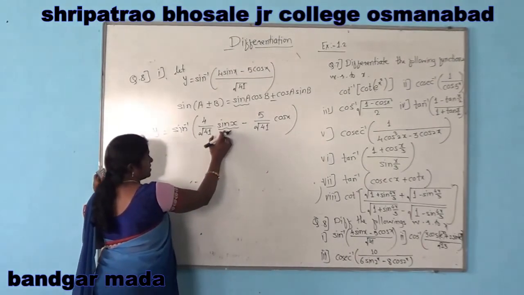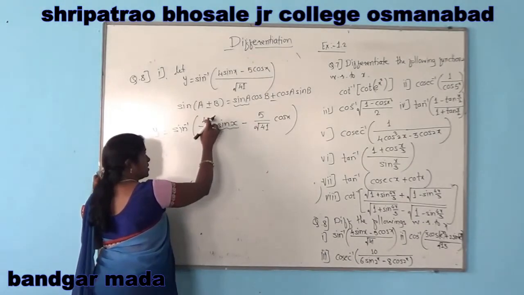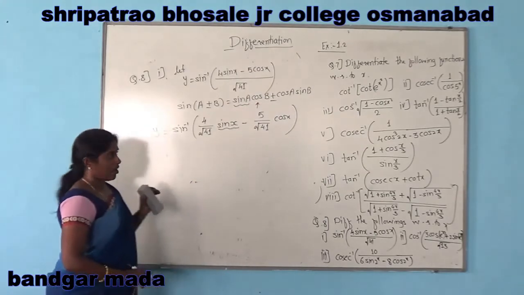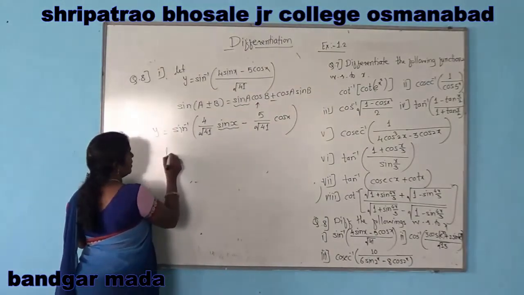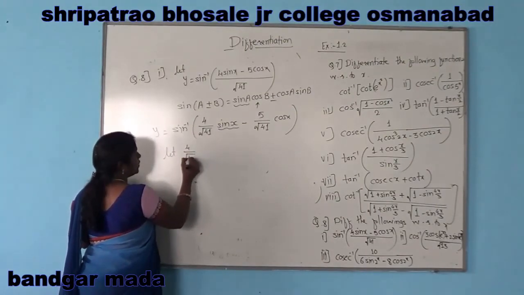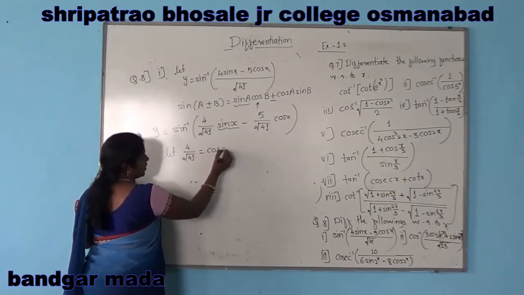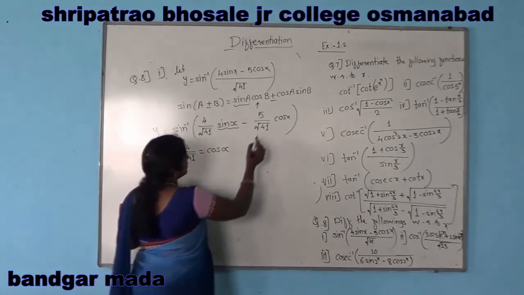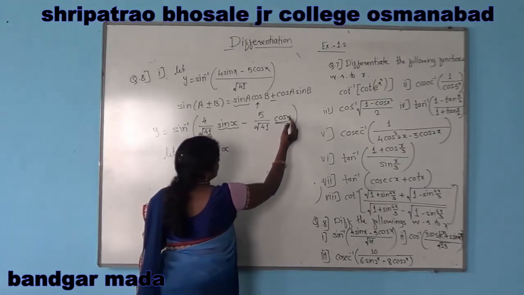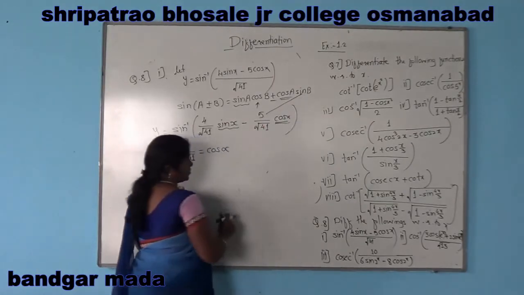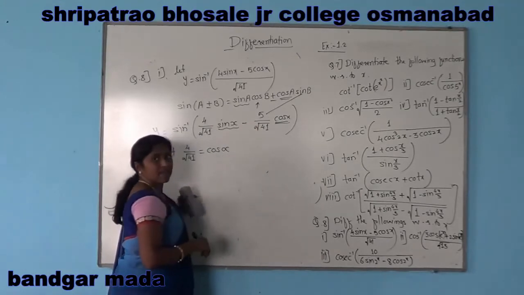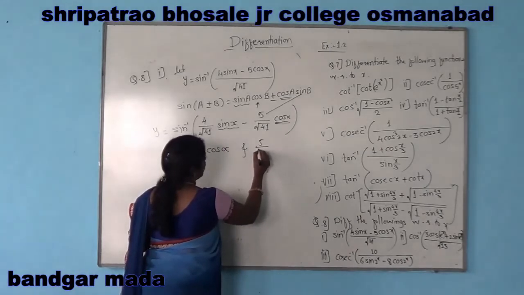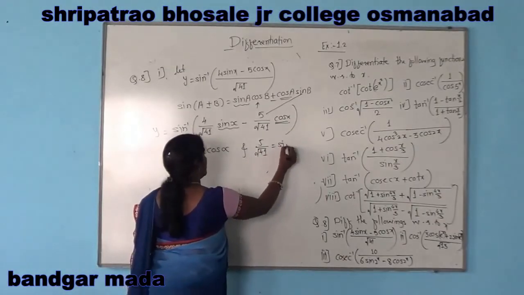We have to suppose 4 by root 41 as cos of another variable. Let 4 by root 41 be equal to cos alpha, and there is cos x, so we suppose 5 by root 41 as sin alpha. So 5 by root 41 is equal to sin alpha.